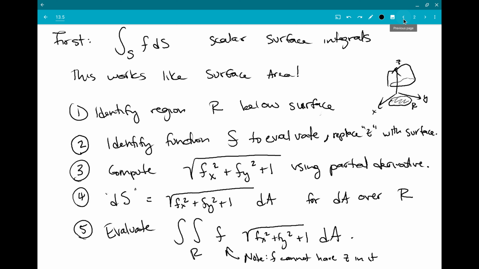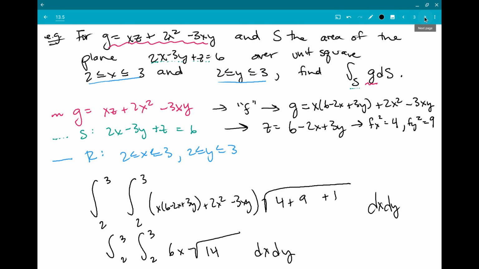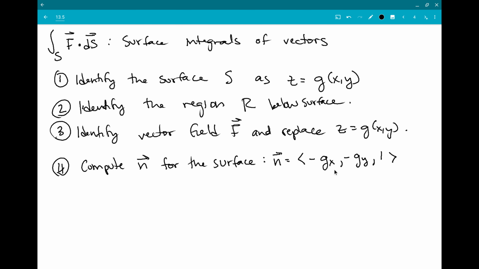And I'm sorry, I'm just realizing that I used F here when I should have used G. So hopefully you all caught that at the time. We'll make a big point of talking about that at the start of lecture. Make sure everyone's notes are corrected. I did it correctly in the example, but that's okay. So compute n for the surface.